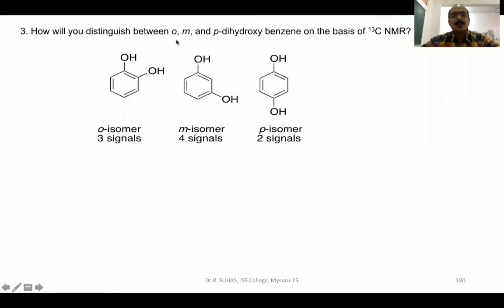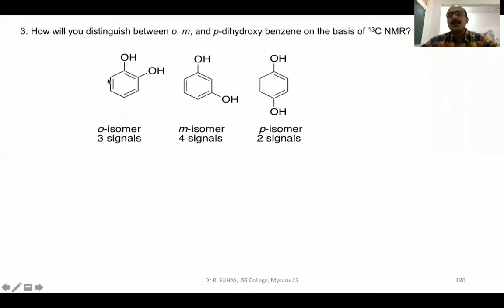The ortho isomer is essentially a substituted phenol with the hydroxy group ortho. This phenol having meta hydroxy is called the meta isomer, and this phenol having para hydroxy is the para isomer.